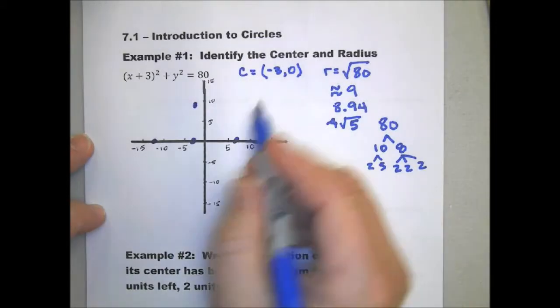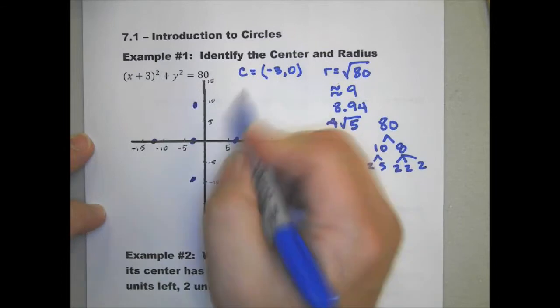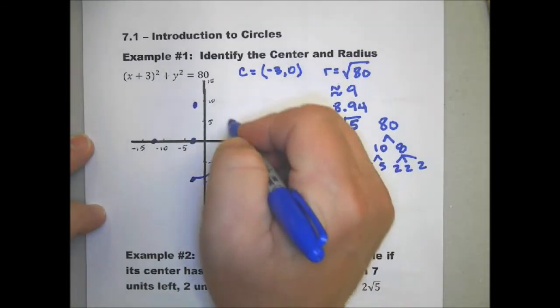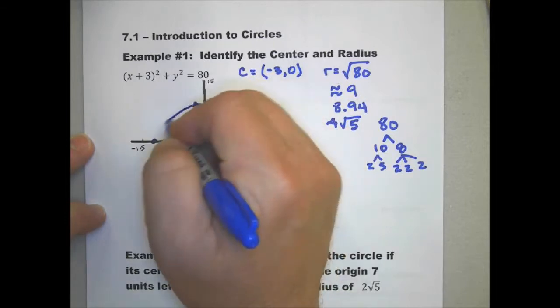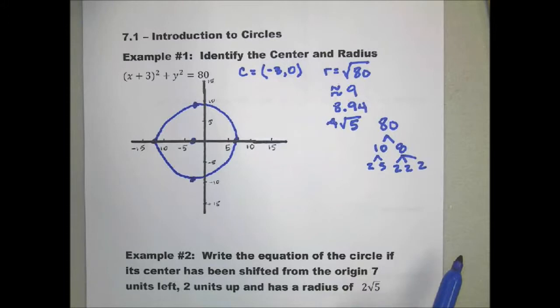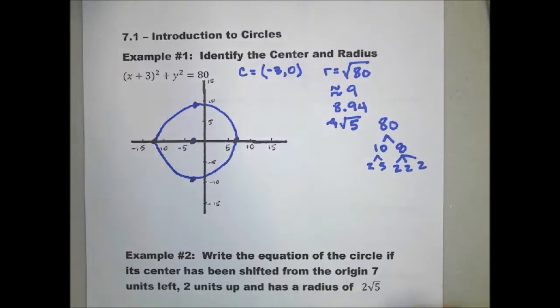And then down here, -9 would be about -9. Now, this would be my best attempt at drawing a circle out of those points. That's not bad. Kind of got crazy over here, but that's it. That's the sketch of this circle.